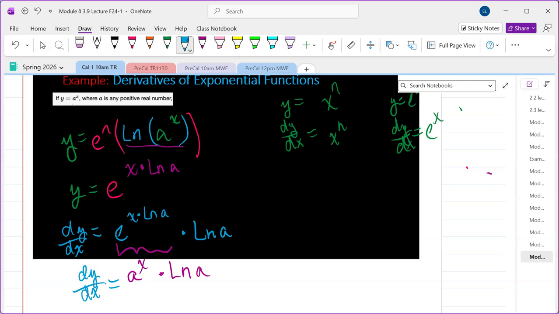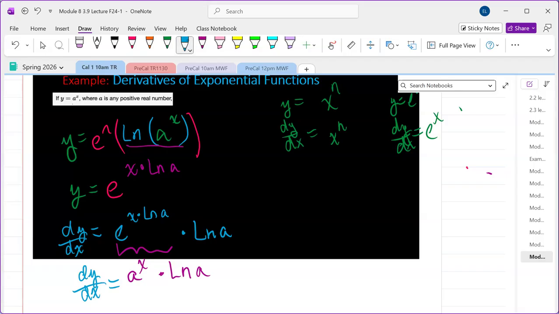So our derivative of an exponential e to the x is just e to the x. The derivative of any other exponential is the same exponential times the natural log of that number. So even our non-e to the x's are still pretty lazy derivatives.